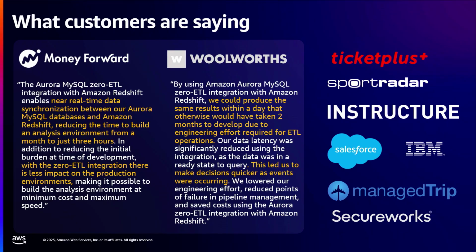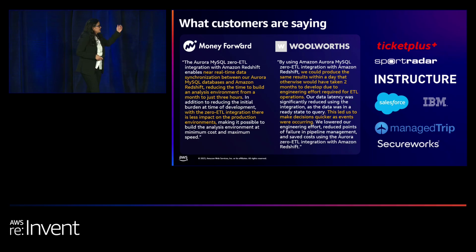And we have a number of customers that are successfully using the Aurora MySQL zero-ETL integration. Just a couple of examples here. Money Forward is a financial management platform, and as you can see here, they talk about the real-time data synchronization between Aurora MySQL databases and Redshift. Previously, it could have taken them months to set up an analytics environment that they were able to do very, very quickly.